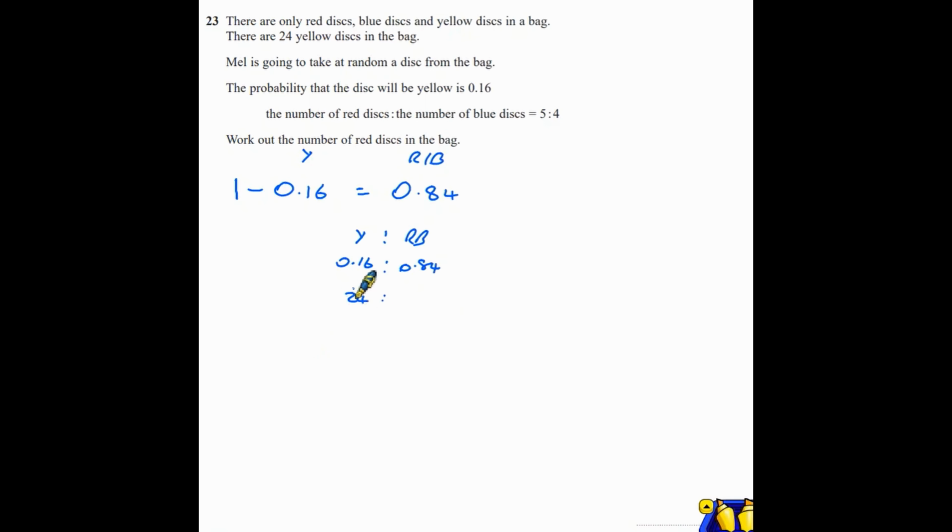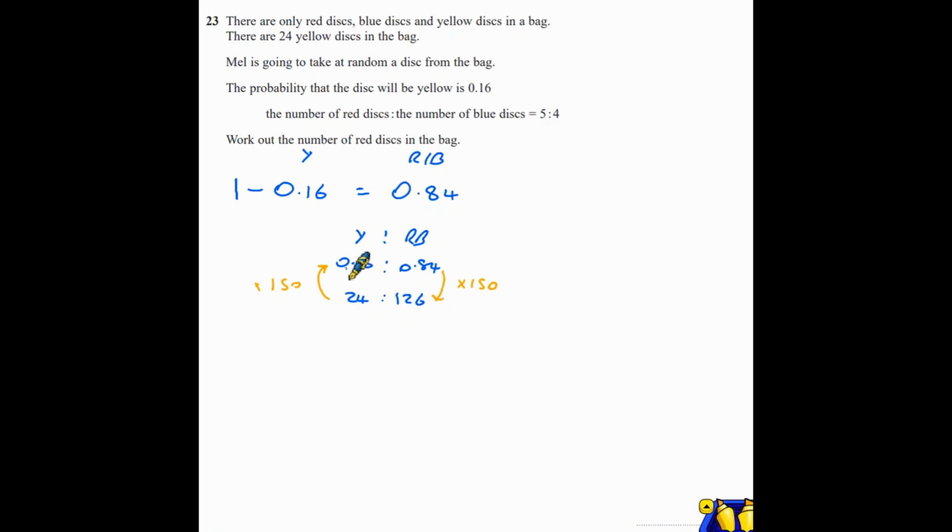So if I take 24 and divide by 0.16, that will give me the multiplier on this side. 24 divided by 0.16 is a multiple of 150. So on this side I'm going to apply the same multiple. I'm going to put 0.84 times 150, and the answer I get there is 126.